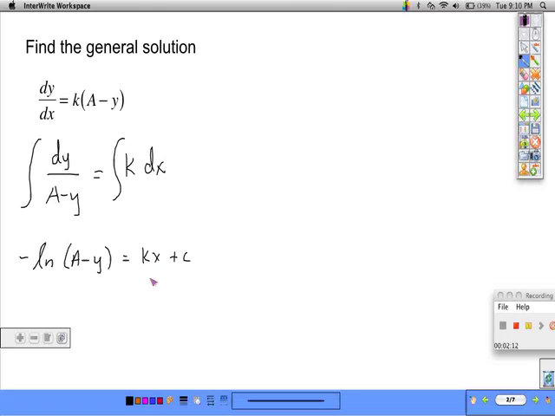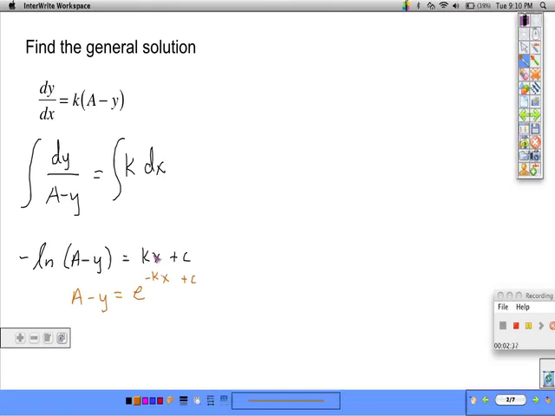Now, I'm going to move this negative to the other side. I'm going to get the natural log by itself, and then we're going to change this to exponential form. So a minus y equals e to the negative kx plus c. I'm still adding some constant. I move the negative to the other side, but the constant still stays just a constant.